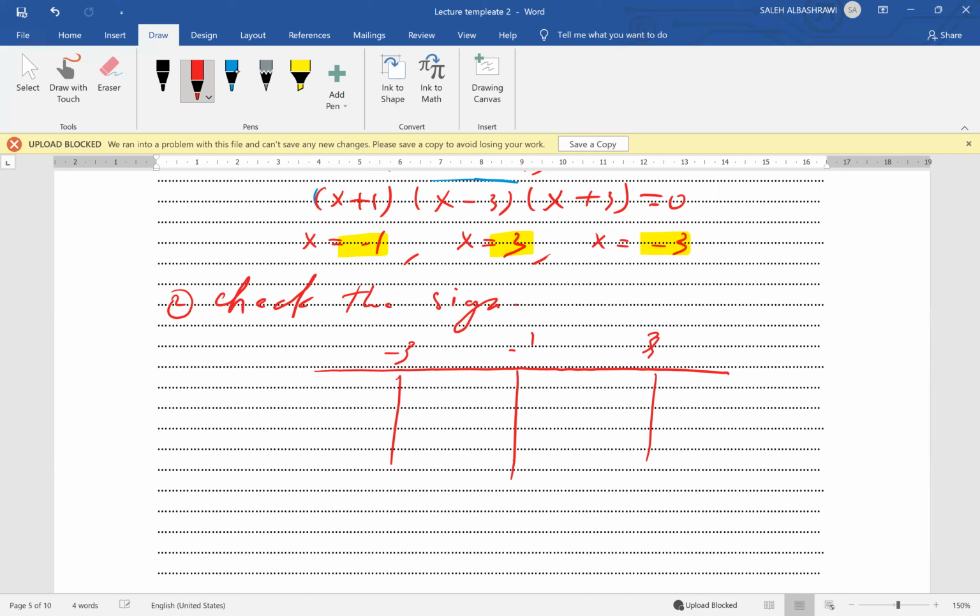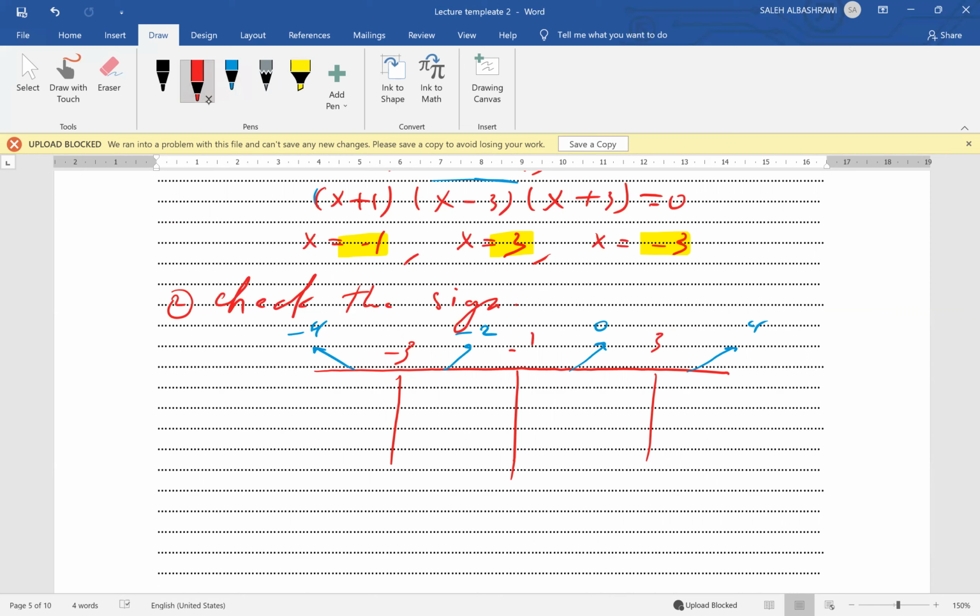These are the critical values, and we have to put them in the normal order, from the smallest to the largest. And I will choose testing values. Less than minus 3, I will choose minus 4. Between minus 3 and minus 1, I will choose minus 2. Between minus 1 and 3, we can choose 0. Greater than 3, we can choose 4.